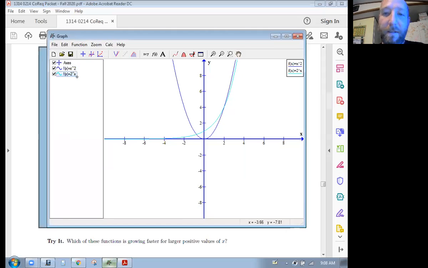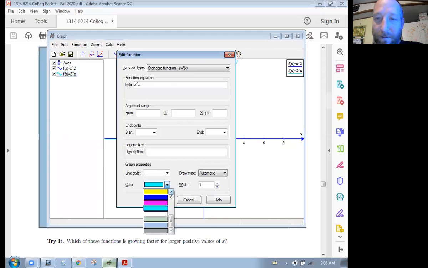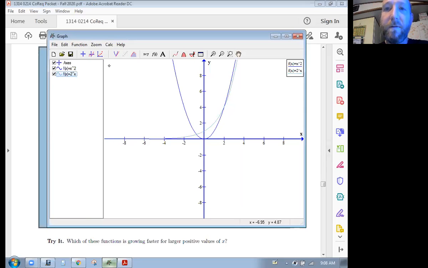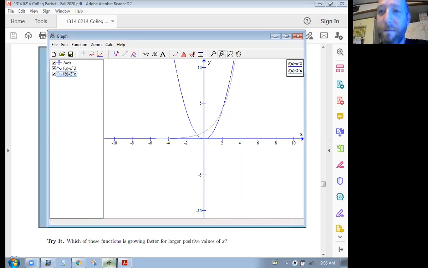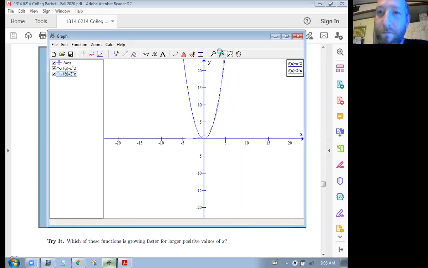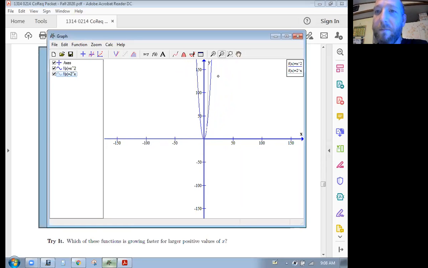It's kind of hard to see. Gray will work. So let's zoom out. So you see this gray line goes up faster than the blue line, right?